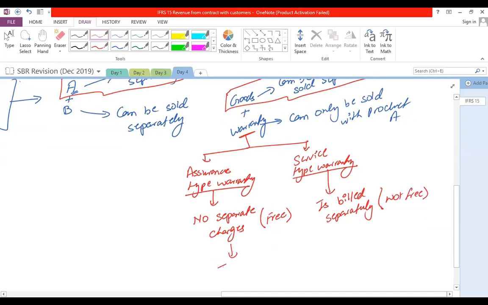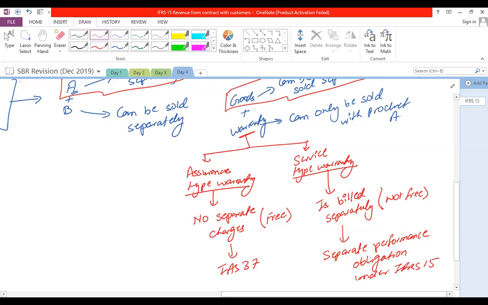So assurance type warranty is accounted for under IAS 37 and a provision is made for that. But the service type warranty, we treat it as a separate performance obligation under IFRS 15.